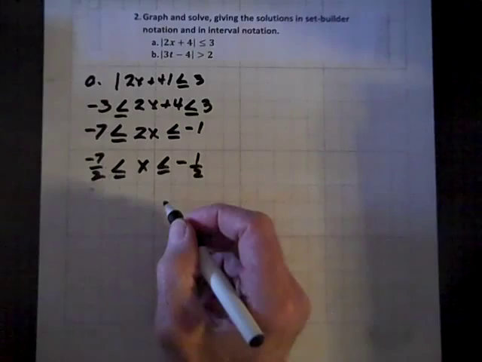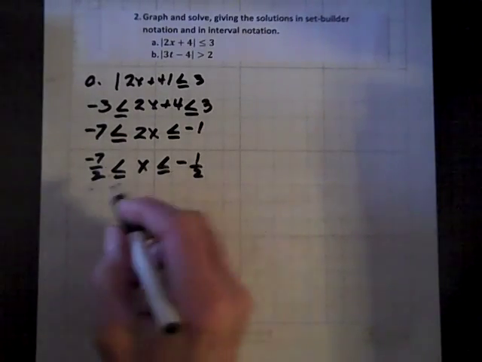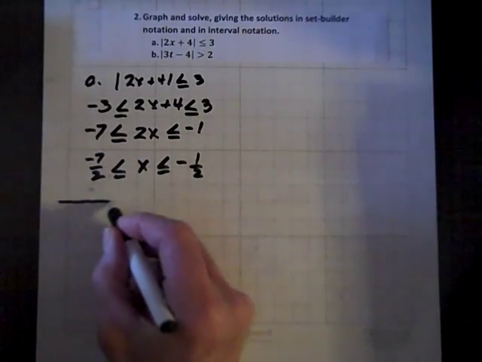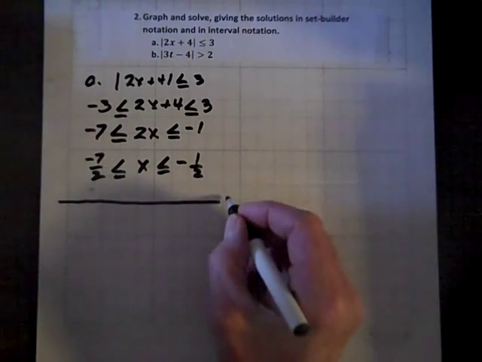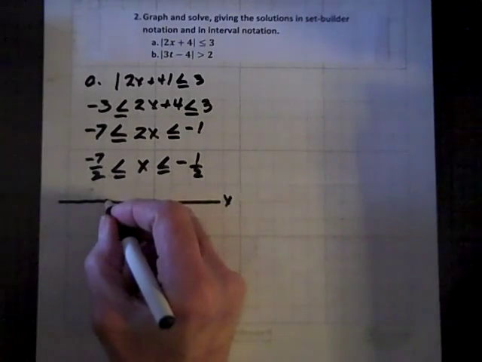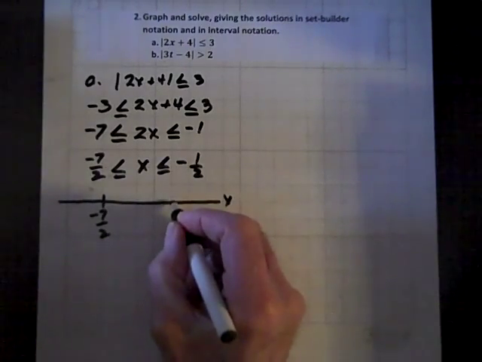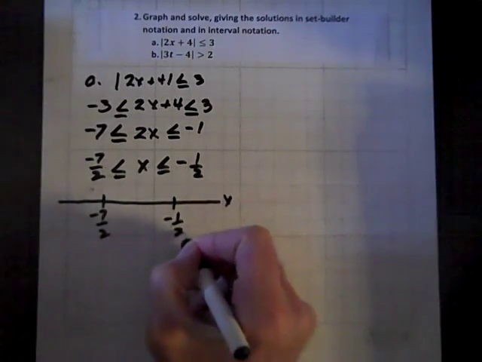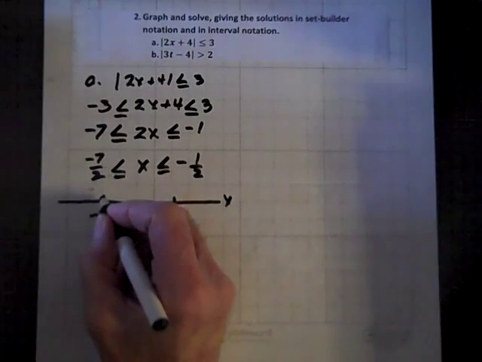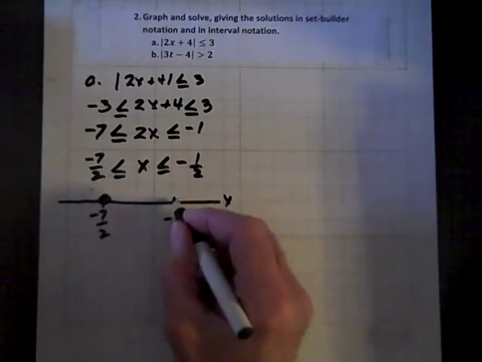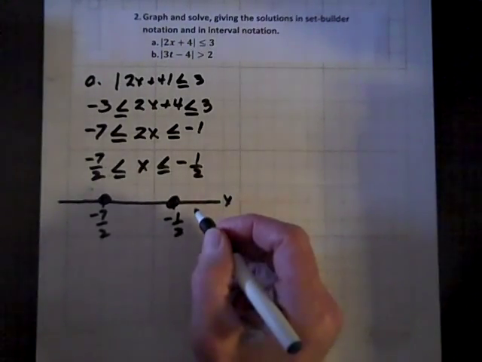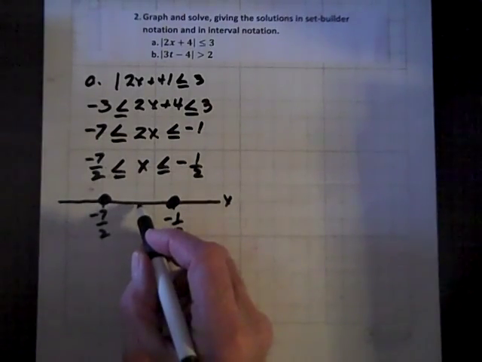Now, we're ready to graph. And there's x, and so we'll put a hash mark at -7 halves, and another one at -1 half. And let's see, we have equal signs associated, so we'll use solid dots. And let's pick a point in this interval, for example, -1.